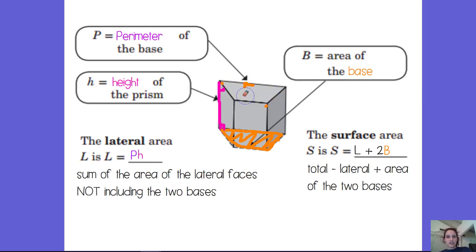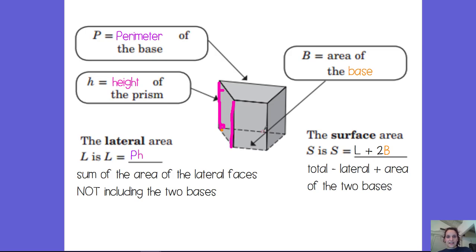Which makes sense. Lateral surface area is just a bunch of parallelograms. It's just a bunch of these rectangles. So I am technically finding the area of this rectangle plus the area of this rectangle plus the area of this rectangle plus the area of this back rectangle. So that's just this length times this height, the length times that same height, this length times that same height, this length times that same height, because these heights are all the same.